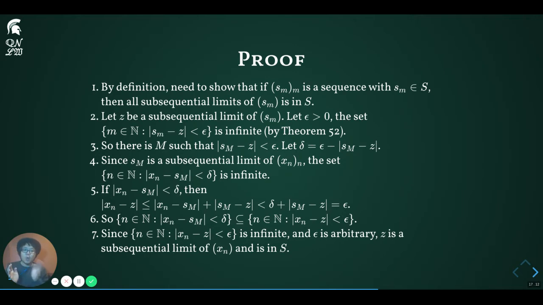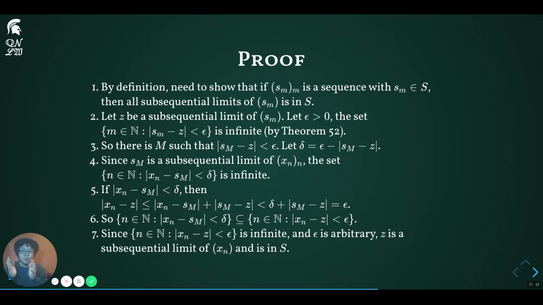Hence, each one of the infinitely many terms of x that are within delta distance of s sub m must also be within epsilon distance of z. And this shows that for any epsilon positive, there are infinitely many terms of x closer than epsilon to z.